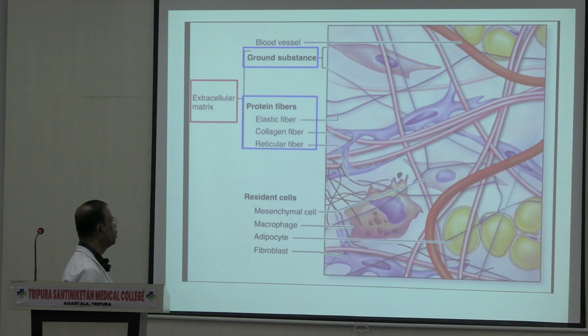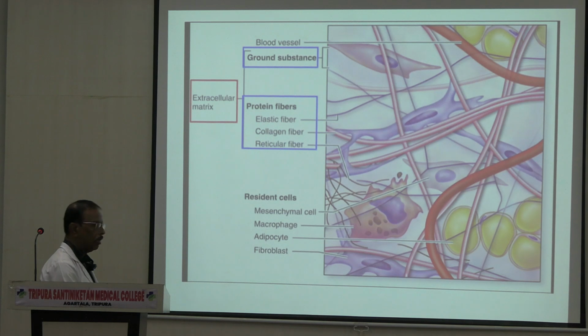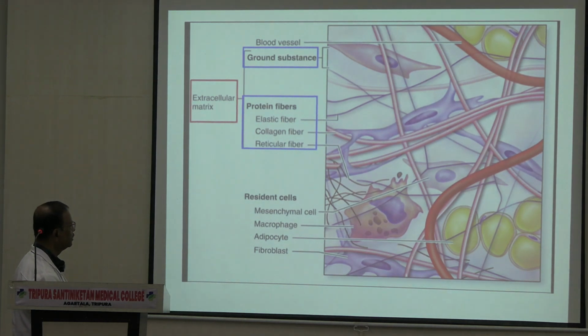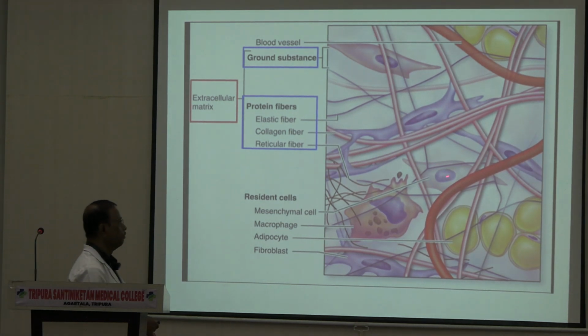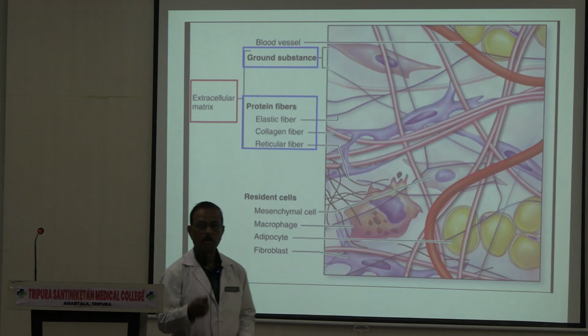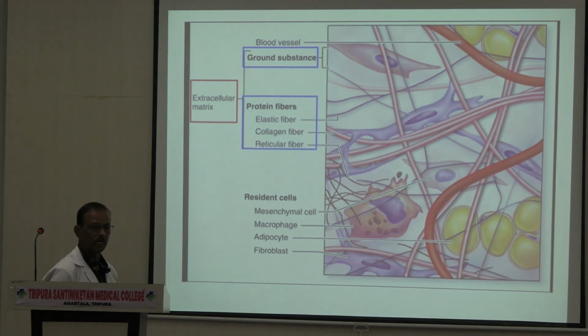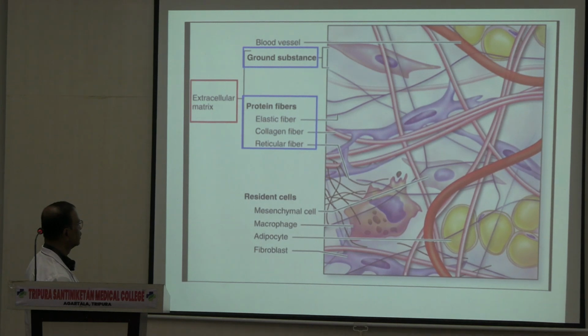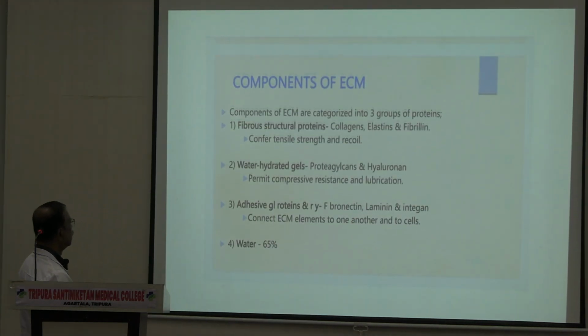Now, this is an overview of extracellular matrix. This is the proteoglycans. These are blood vessels. These are collagens. These are the mesenchymal cells, macrophage, mesenchymal cells, that means fibroblasts, and they are responsible for synthesizing the matrix materials. Components of ECM we have told here.